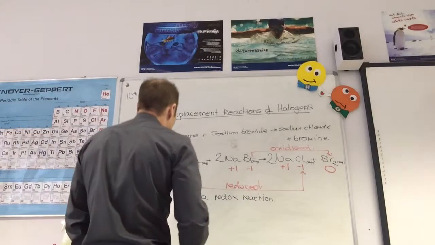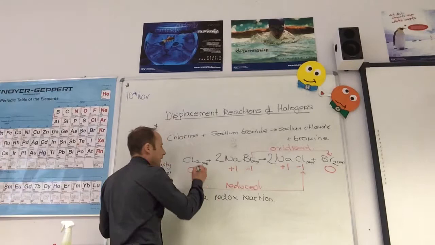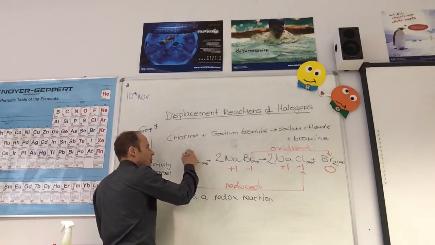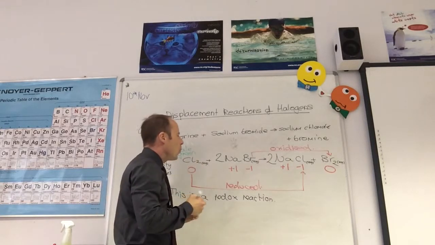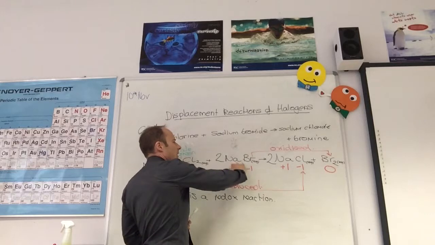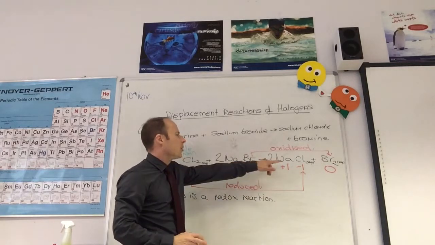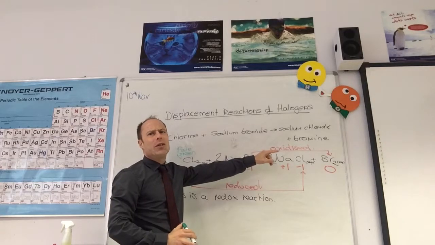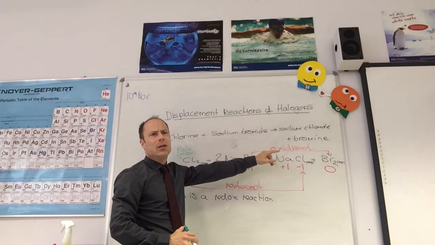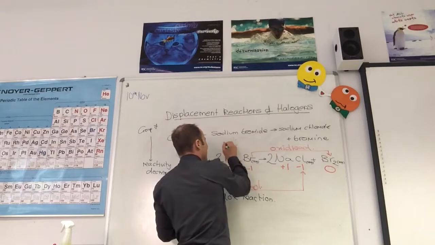So in water, what colour is chlorine? Chlorine in water is pale green. What colour do you reckon sodium bromide is going to be? And sodium chloride, that's table salt. What colour is salt in water? Colourless, isn't it? These are both colourless.